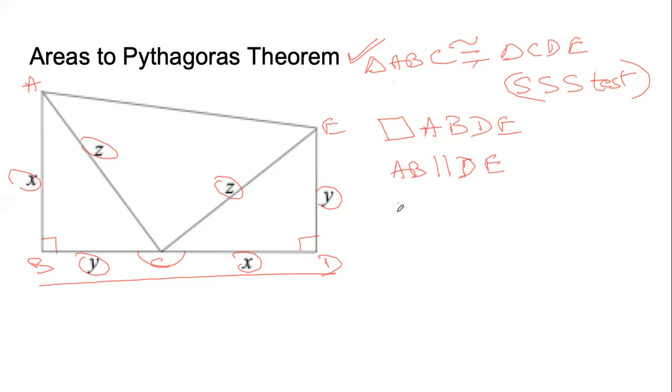Clearly, AE is not parallel to BD. So one pair of opposite sides are parallel, another pair of opposite sides are not parallel. So this quadrilateral is a trapezium.